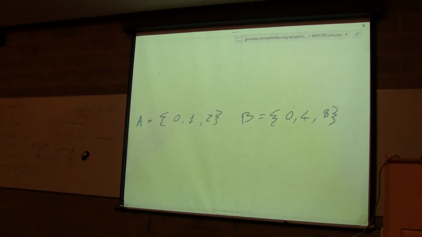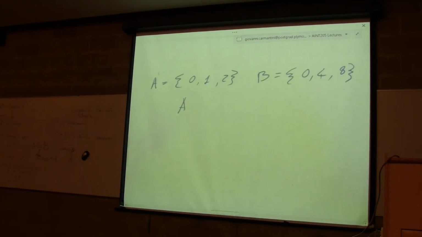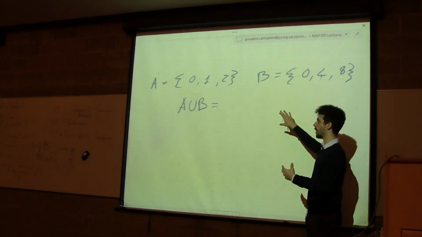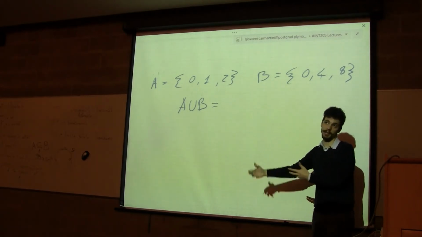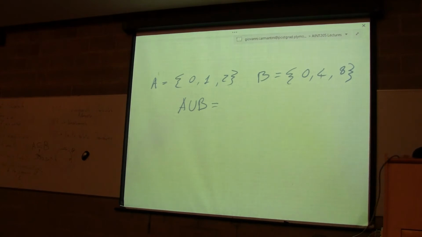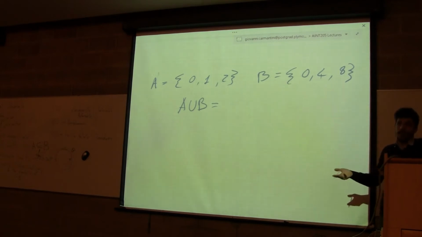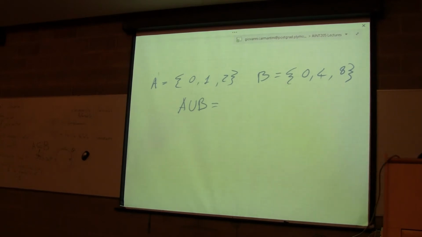So if I say, for example, what's the union of A and B? Union of A and B means I take all the elements from A, I take all the elements from B, and that's my union. Of course, if there's some element which is repeated, you don't put it in the union set again, because you already have it. So A union B would be {0, 1, 2, 4, 8}. That should be pretty simple.